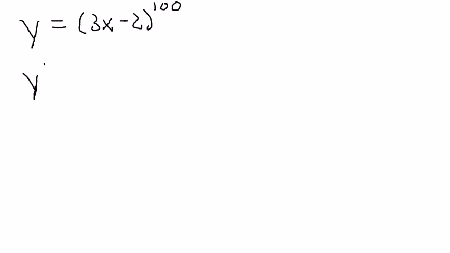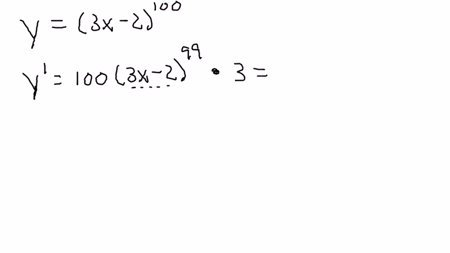So y prime is 100 times 3x minus 2 to the 99th. And then I have to multiply that by the derivative of the inside function, which is 3x minus 2, which is this part right here. So if I multiply by the derivative of that, it's multiplied by 3. So 100 times 3 is 300 times 3x minus 2 to the 99th.